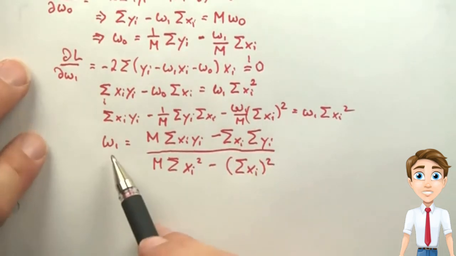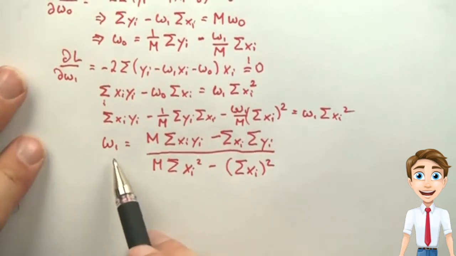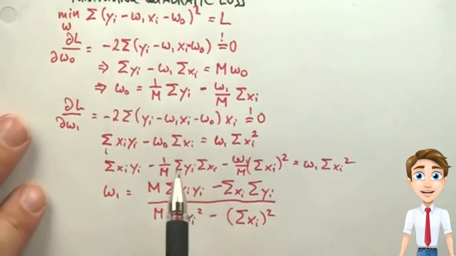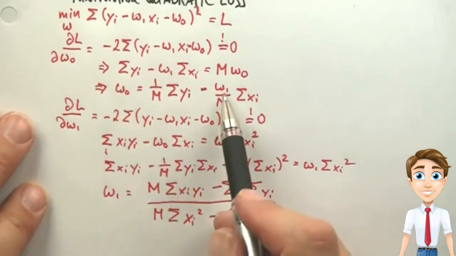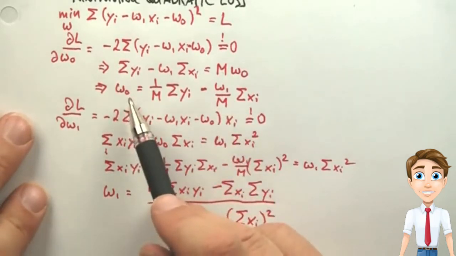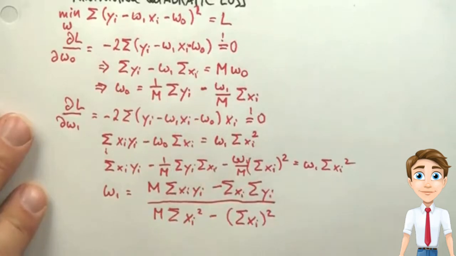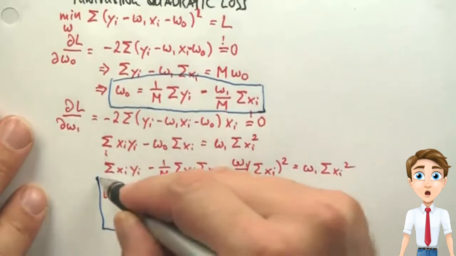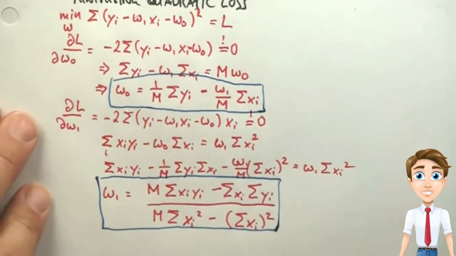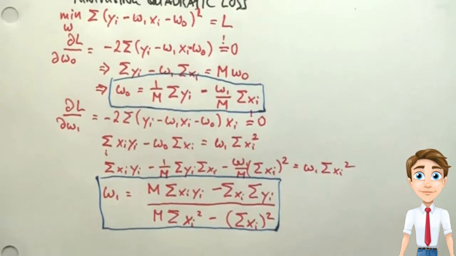And once we've computed W1, we can go back to our original articulation of W0 and plug W1 into W0 and obtain W0. These are the two important formulas that you can also find in the textbook.